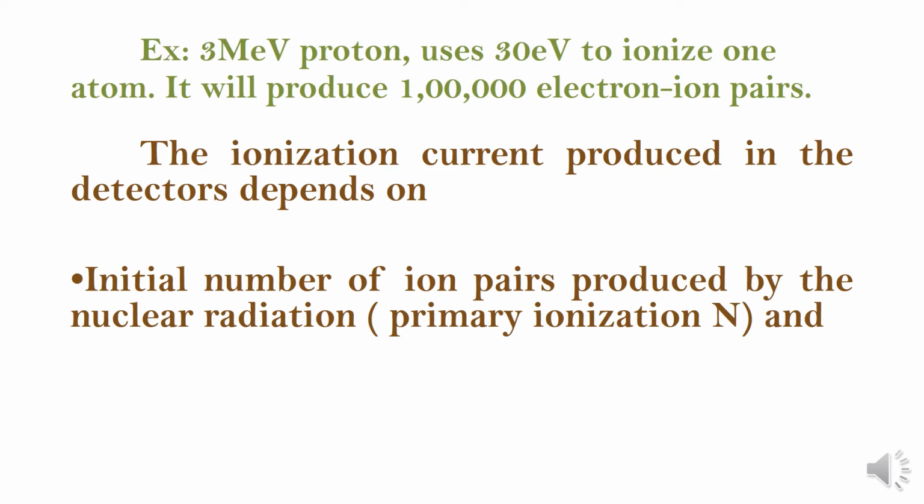The other factor is the voltage we are applying in the detecting system, the applied voltage. The ionization current produced in the nuclear detector will also depend upon the value of the applied voltage.